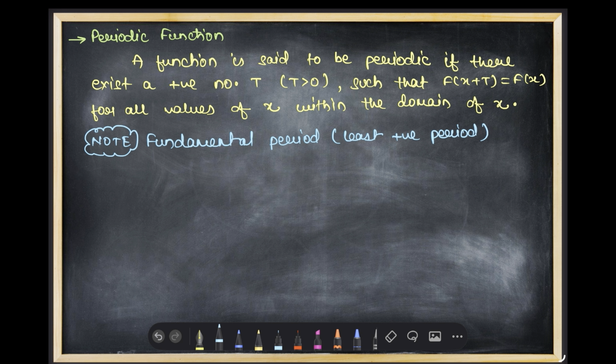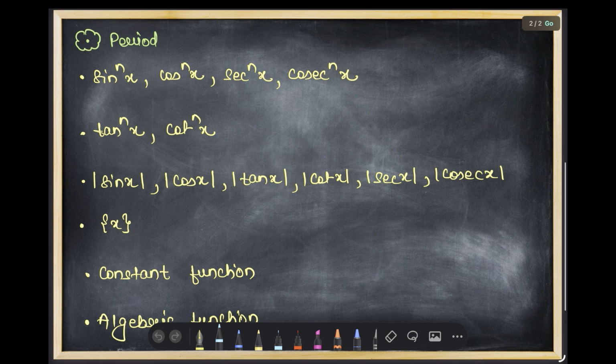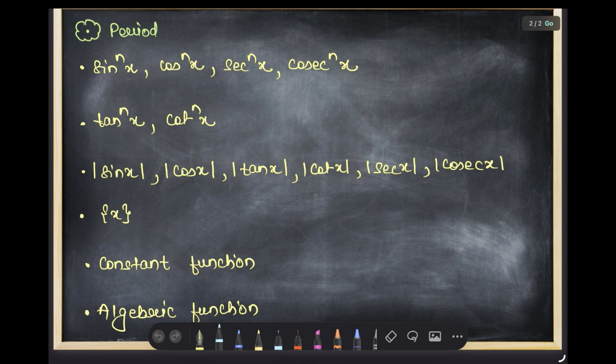Now try to imagine the graphs one by one, as I talk, and think about the period. Suppose that you have sin power n, cos power n, cosec power n, sec power n, and this n can be an odd number or an even number.